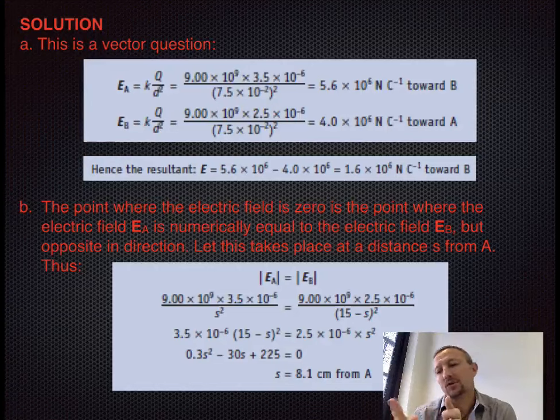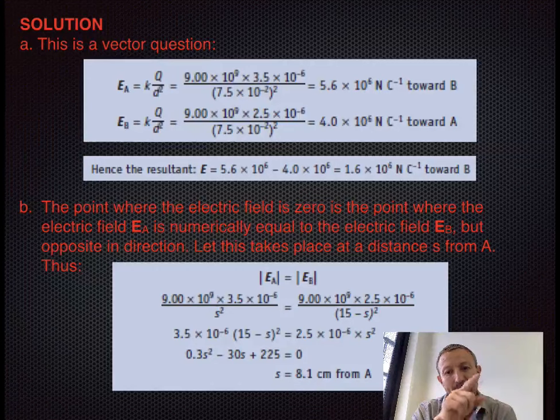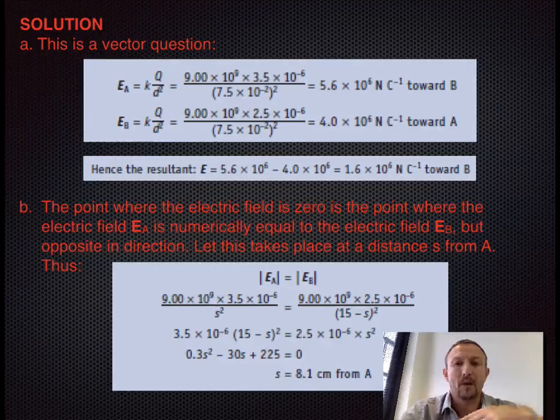So obviously the portion which is left over for B is going to be 15 minus whatever s is. Now that 15 is due to the distance between the charges, so we're going to convert this into centimeters. Once I've converted everything, I end up with 0.3 s squared minus 30s plus 225 equals 0.